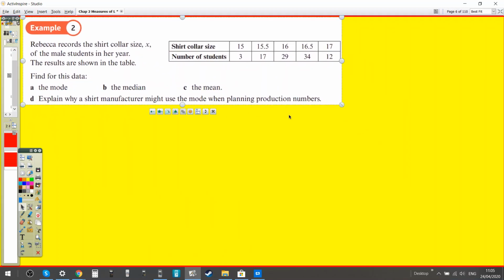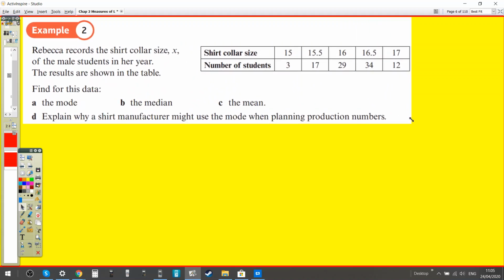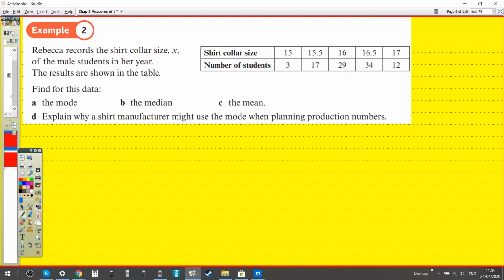Okay, this one, mode. So will the mode just be like 16.5?